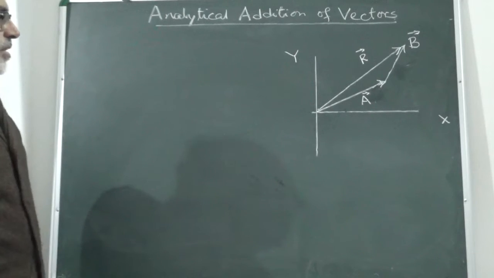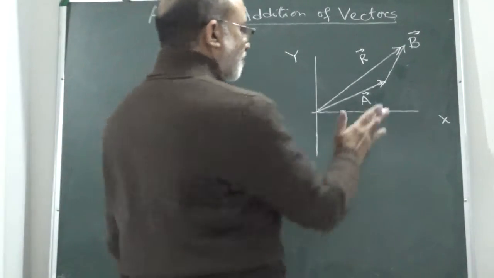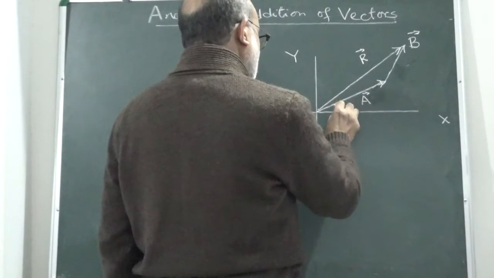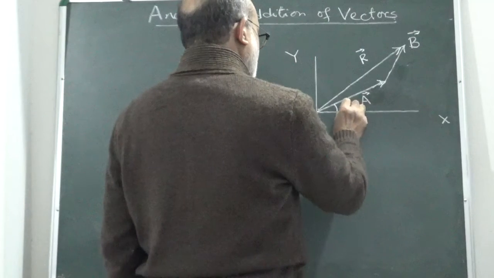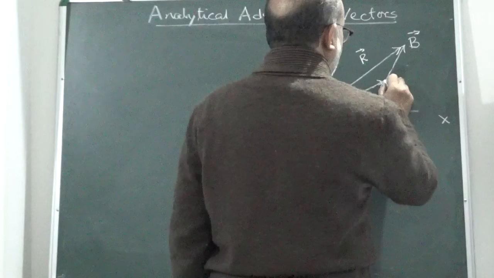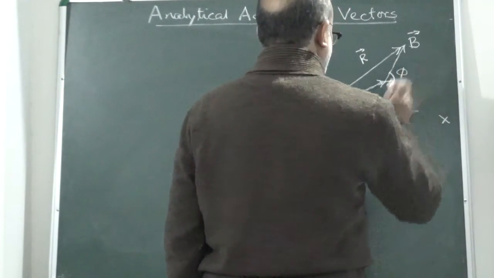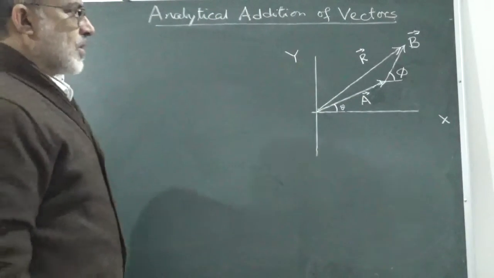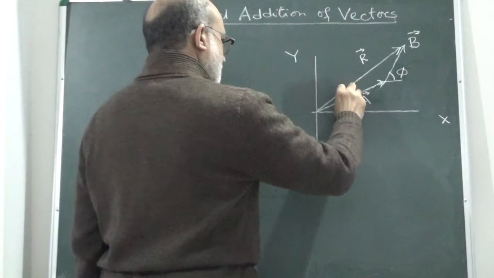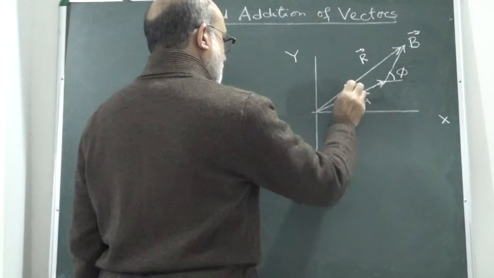Now we also know how to resolve the vectors. Now let's suppose the vector A makes an angle, say theta, with the x-axis, and vector B makes an angle phi with the x-axis, and the resultant vector R makes an angle, say alpha, with the x-axis.